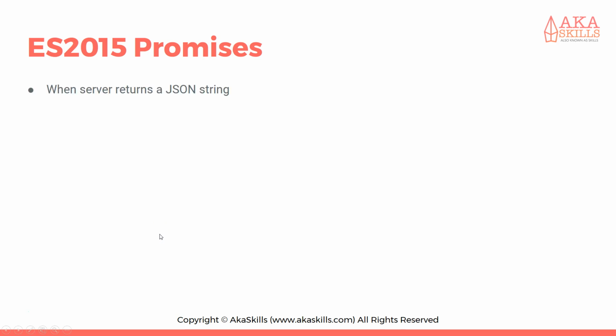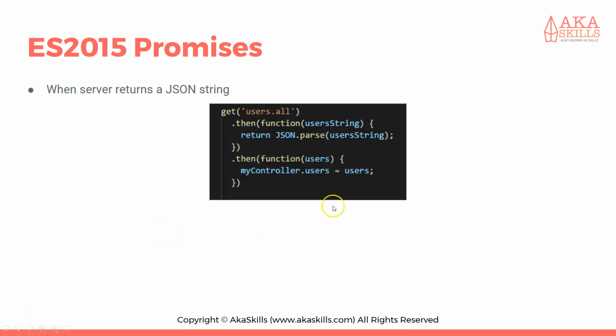Alright, so when the server returns a JSON string, I can say get user.json and say .then I receive a user string. And then I can return JSON.parse from the user string. JSON.parse will get the JSON and actually parse it, or convert it to a JavaScript object. And I can say .then function with users.